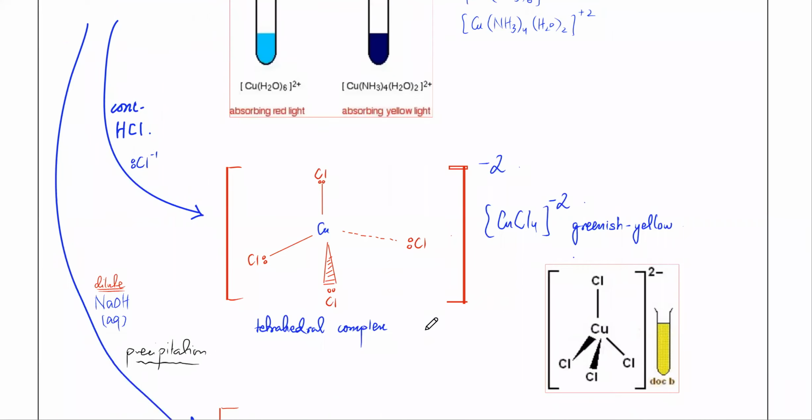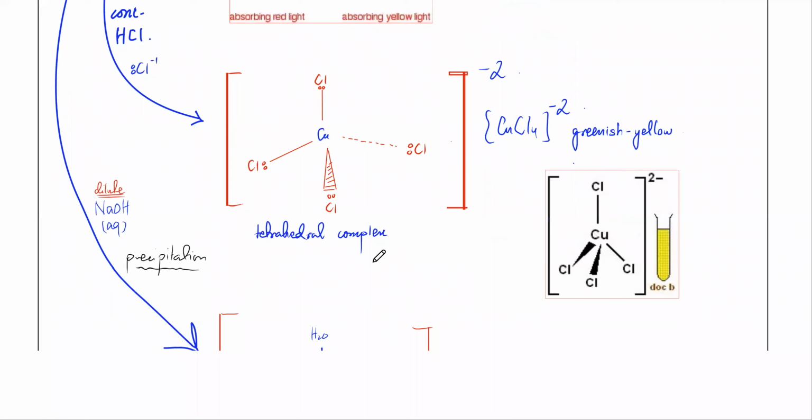The copper will get surrounded by Cl ions. Now, Cl ions are bigger in size, so only 4 of them manage to fit, since you run out of space. So it forms CuCl4 2-, which is a complex with a greenish yellow color. Is that clear?